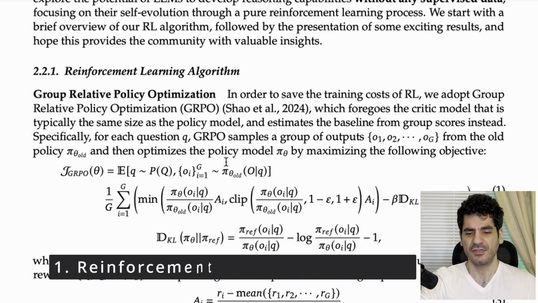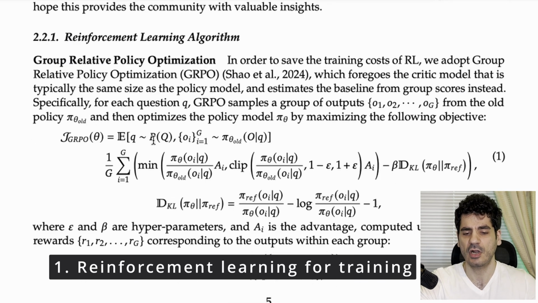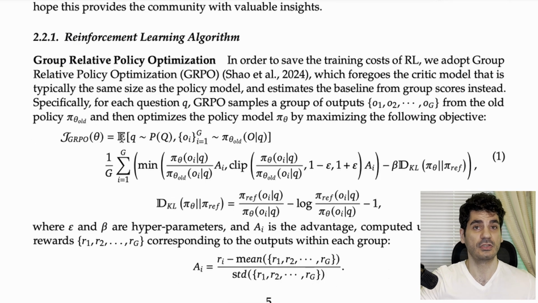Here we can see a very quick look at it. There is a policy old, which is the previous policy that we have. The policy is the one that is generating the tokens for us, and then there is a new policy, or pi theta, which is the one that is evolving over time. Instead of having one sample as in proximal, they have a group of samples.